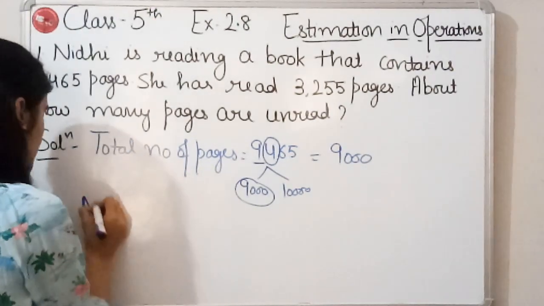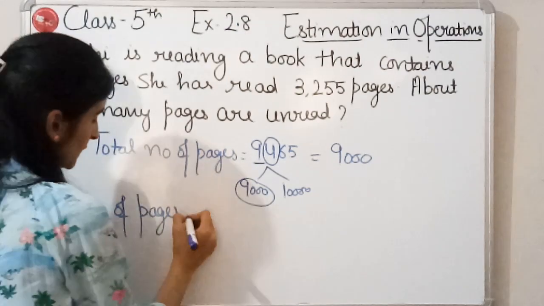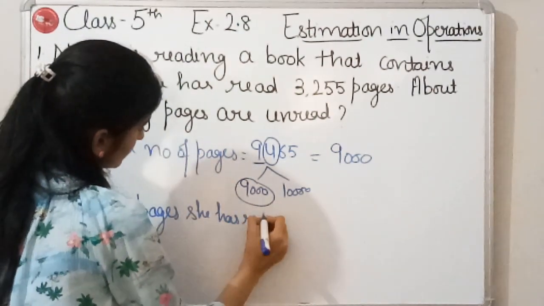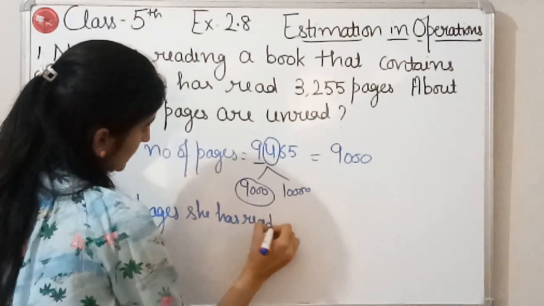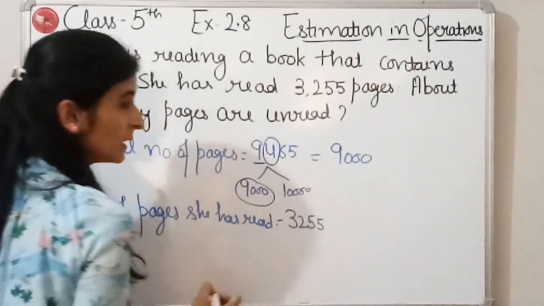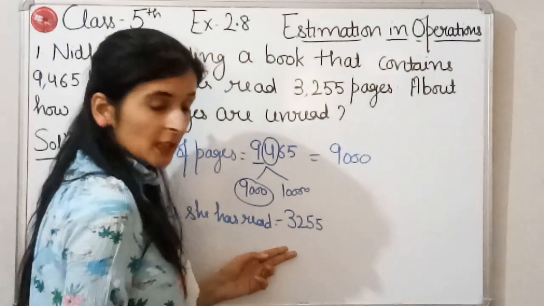Now, number of pages she has read is equal to 3,255. Now again we have to round off this number to nearest thousands.